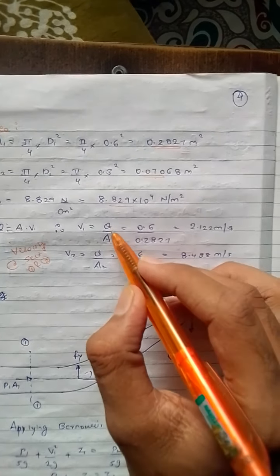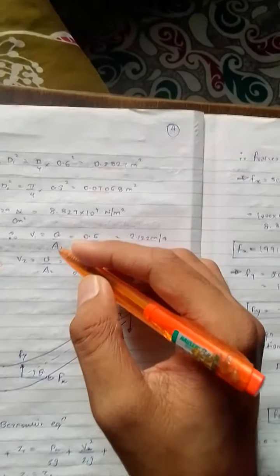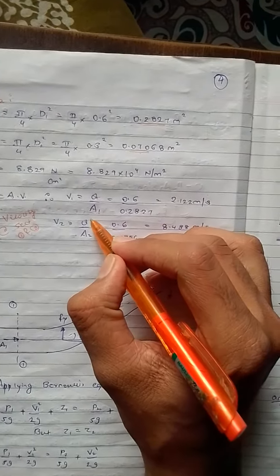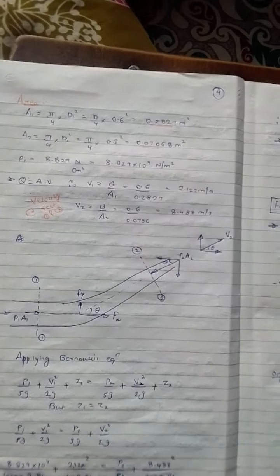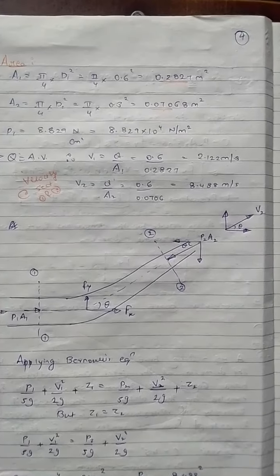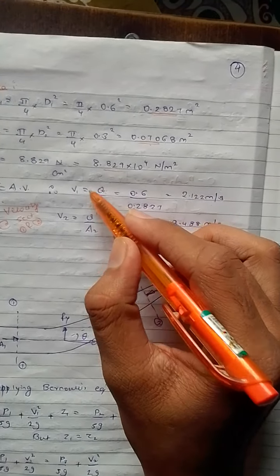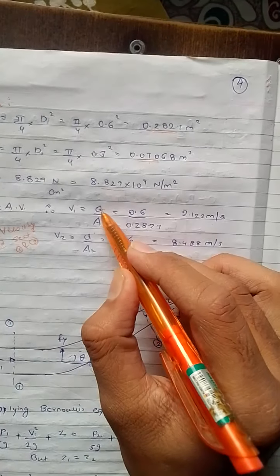We will not write it as Q1. Why? Because the discharge will remain the same at section 1 and section 2. Correct? Discharge will not change. The discharge at any point in the pipe will remain the same. It does not depend upon the diameter. So it will remain as Q. V1 equals Q upon A1. So Q we have known as 0.6.